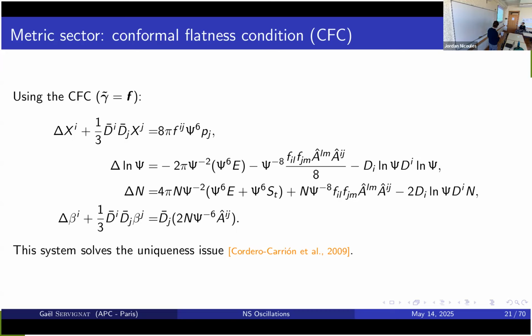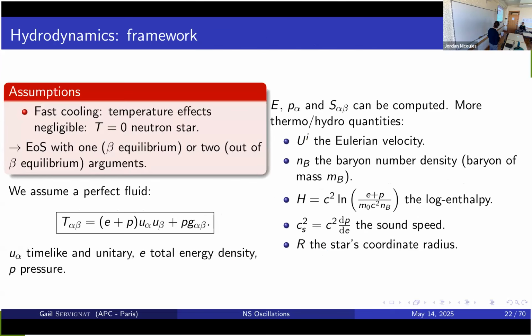Right, so this is for the metric sector, the Einstein equations that tell you what the metric looks like. But then you also want to have the hydrodynamics equations. So I'm going to show you the zero temperature equations, and we derive them for the perfect fluid, which is like this.